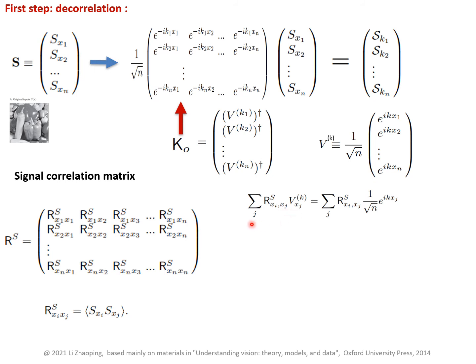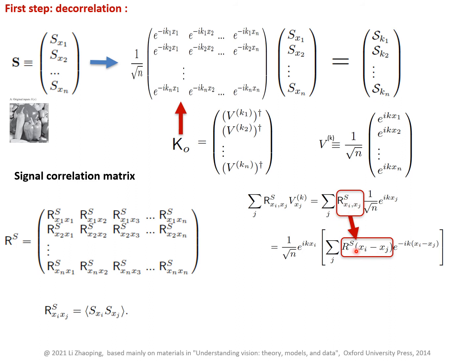Then you write this term out, and each of these elements is copied down and written in this form. The reason is that each of these elements, xi xj, depends only on the distance between the two pixels xi and xj.